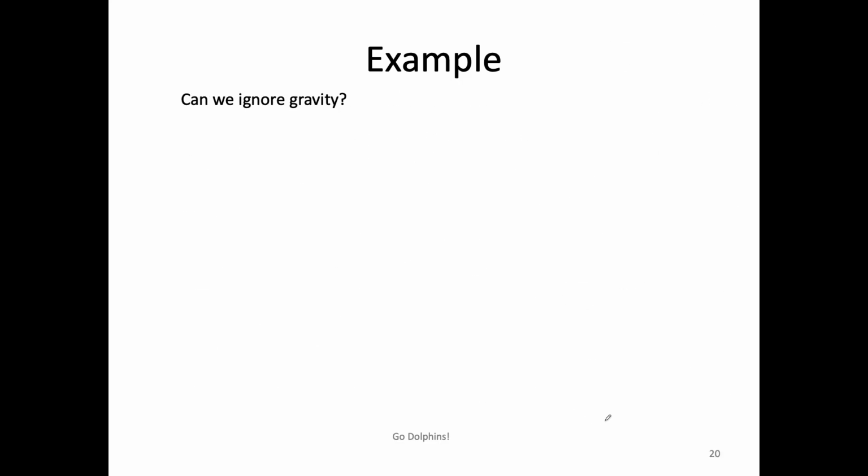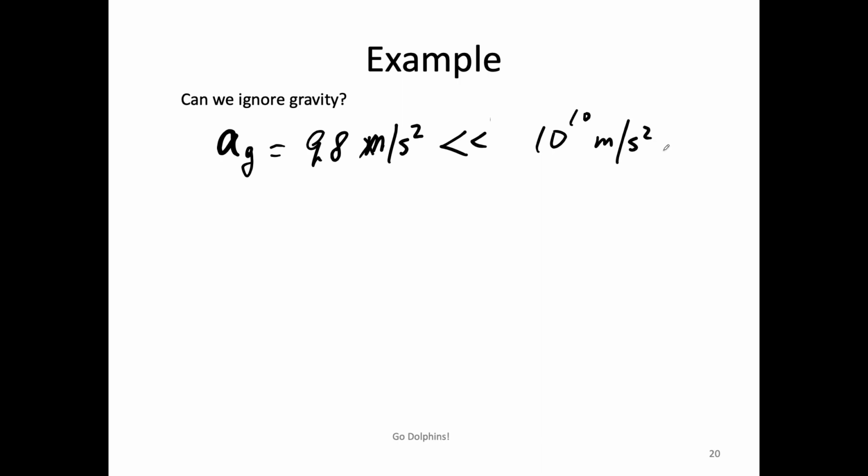What is acceleration due to gravity? ag is 9.8 meters per second squared, much smaller than 10 to the 10th meters per second squared, and even smaller than 10 to the 13th meters per second squared. So the effect of gravity is very, very small, negligible compared to electric force. This is why we can ignore gravity in this calculation.